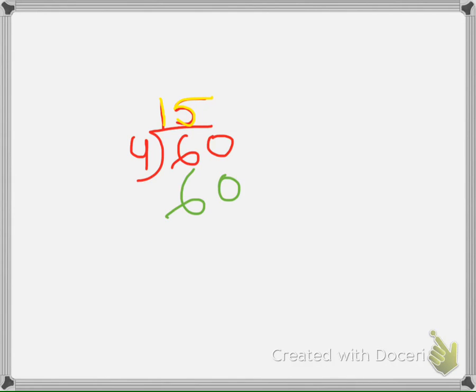So you would put 60 down here. You would subtract that, 0, 0. Remainder 0. And the answer is 15. Okay, next. Now let's do a different one.